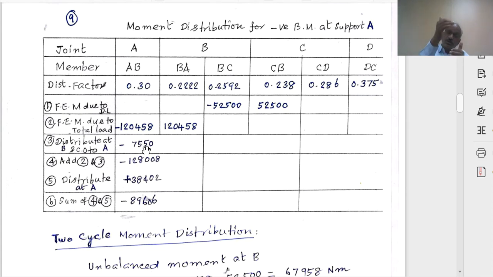We are going to stop with 2 distributions and 2 carryovers, and we will not fill the total table. We will be wasting our time.